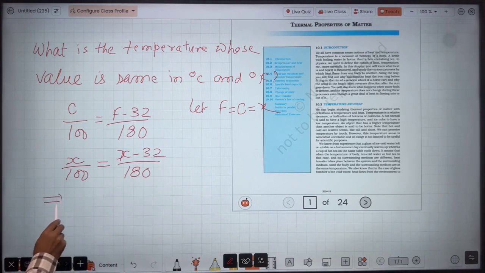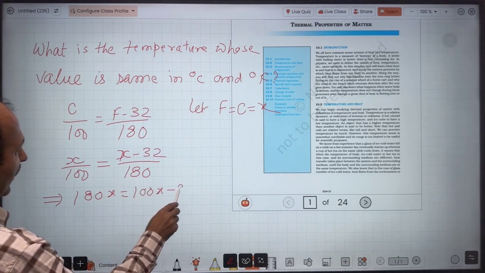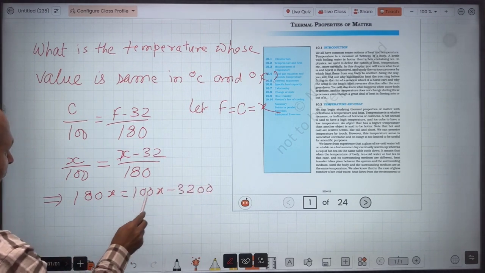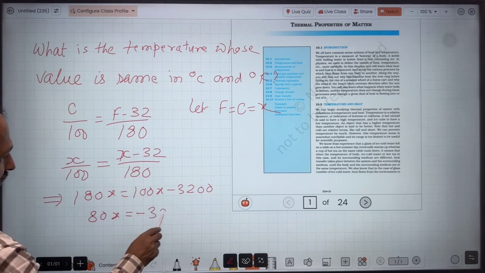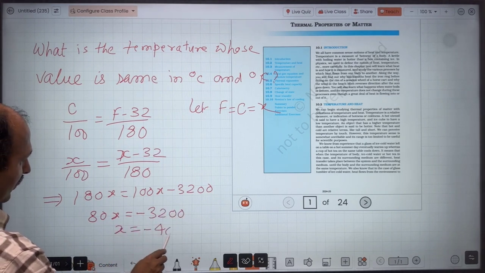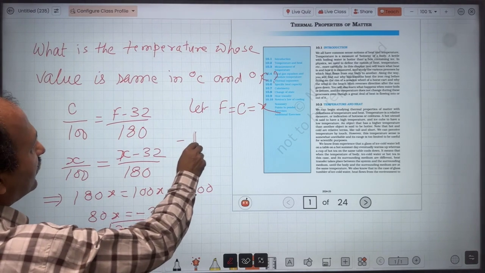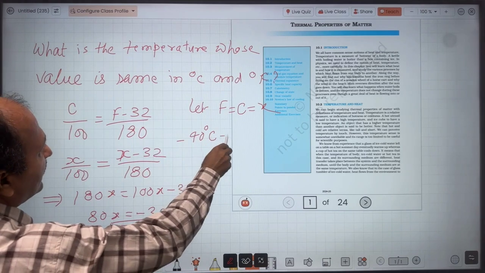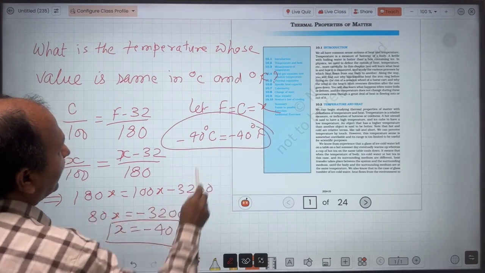So let's simplify. 180x equal to 100x minus 3200. Then 80x equal to minus 3200. So x equal to minus 40, right? So you can say minus 40 degrees centigrade is the same as minus 40 degree Fahrenheit.